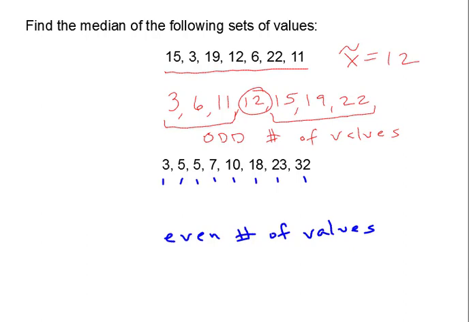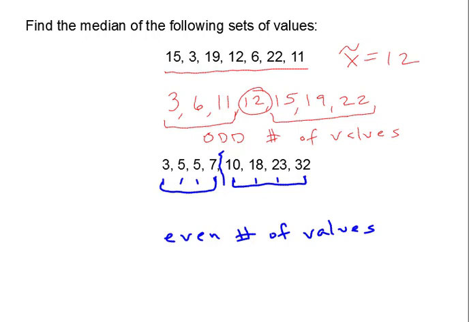Since we've got 8, the median is found when we have half the values, 4, on one side and half on the other side. That means the median is going to be between the numbers 7 and 10.